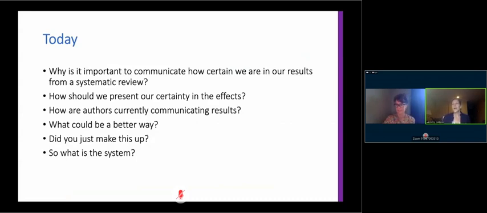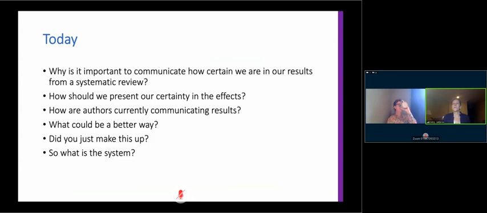First of all, I want to emphasize why it is important, when we are communicating the results of our systematic review, that we also include some indicators of how certain we are in those results. And then how potentially we could present and communicate those results, how people are currently doing it, and ways that we might improve that way of doing it.